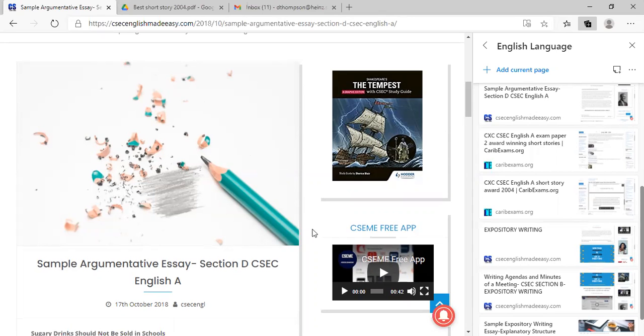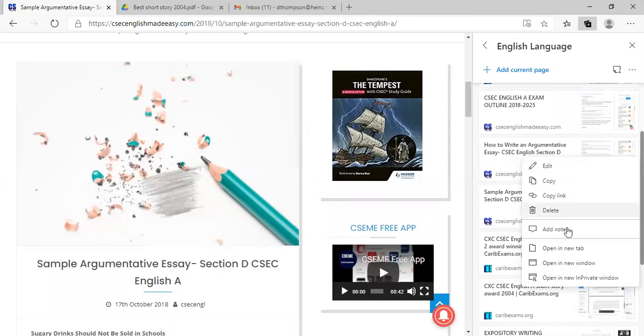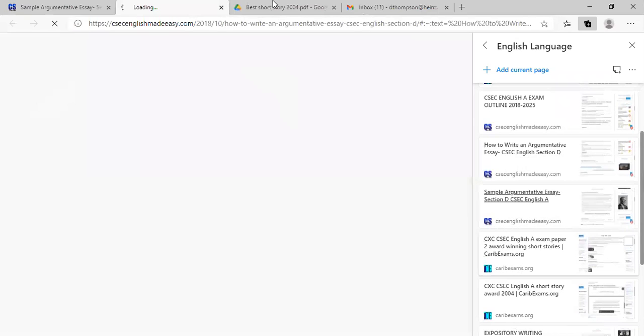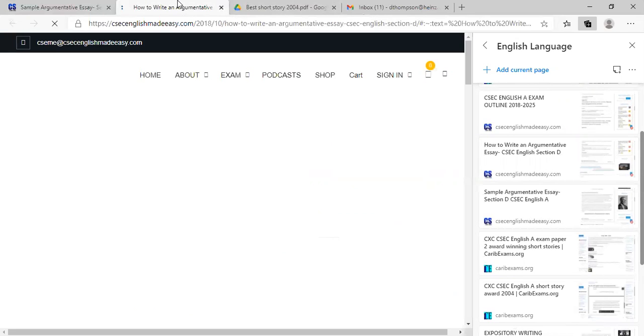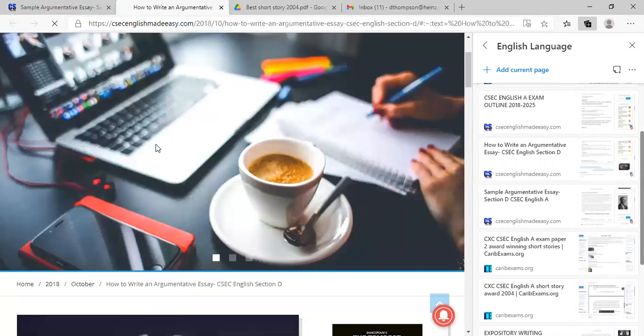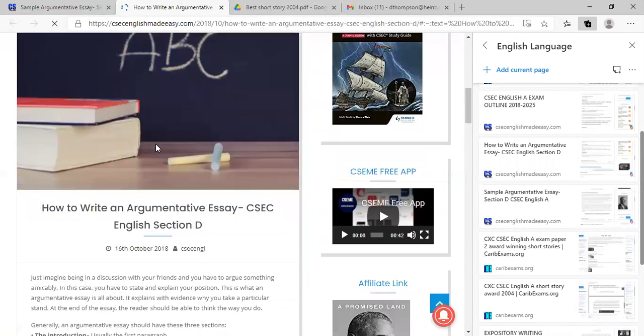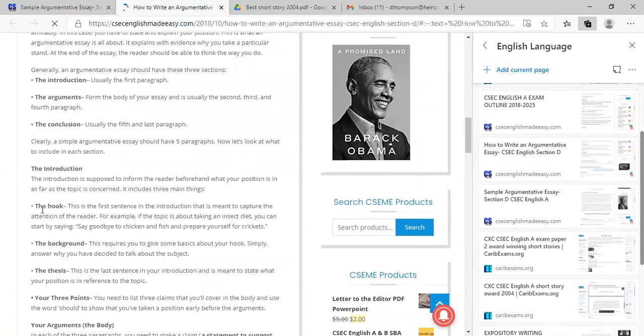Now we're going to break it apart. Let me open back the how-to-write-an-argumentative-essay page. Open a new tab. Here we go. We're going to make sure that we align ourselves to answer each section correctly. So the first thing you need to look for, guys, is the introduction. Let's dissect the introduction.